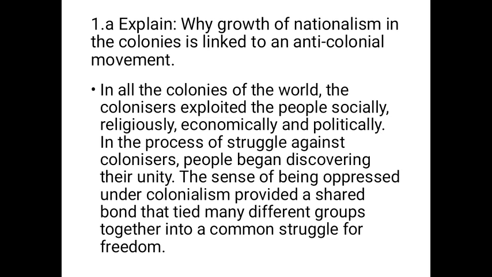The sense of being oppressed under colonialism provided a shared bond that tied many different groups together into a common struggle for freedom. That's why the growth of nationalism in the colonies got linked with the anti-colonial movement from different parts of India.